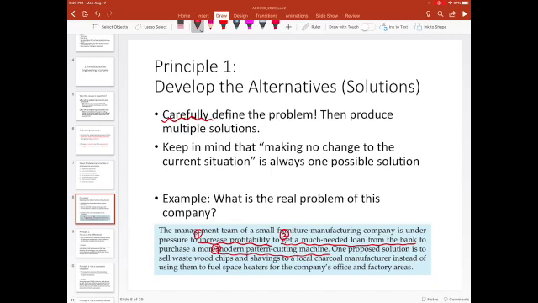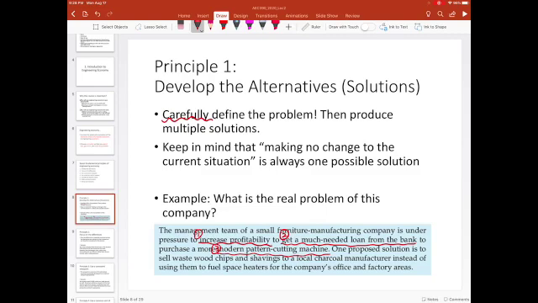And once you have defined the problem, like this one, you want to increase the profit, now it's time to come up with many solutions. Like one solution is you can produce more and then you sell more and then you have more revenue and then you have more profit, right?